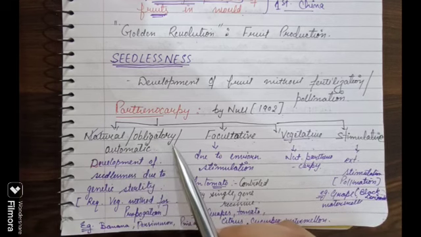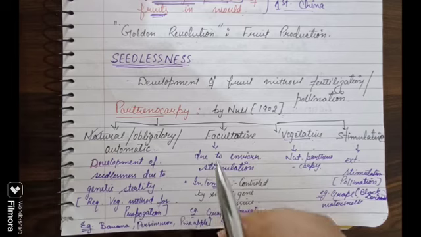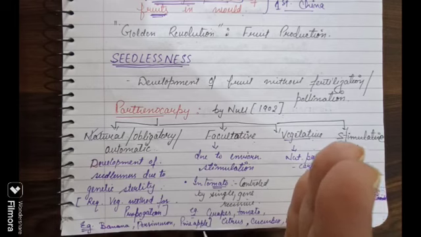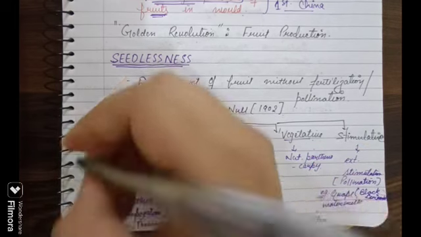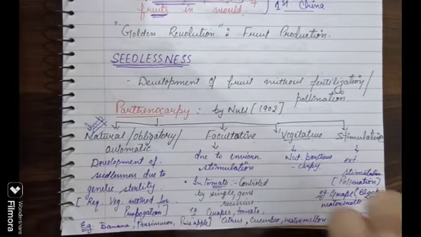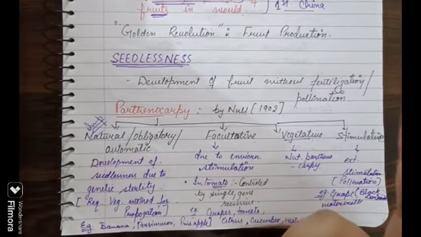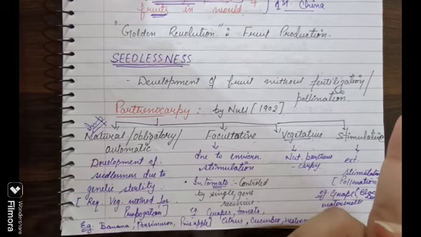Natural or obligatory or automatic parthenocarpy is the development of seedlessness due to genetic sterility. There are three things to keep in mind about natural parthenocarpy because it is important and questions in entrances come from this, like what are the crops associated with natural parthenocarpy?